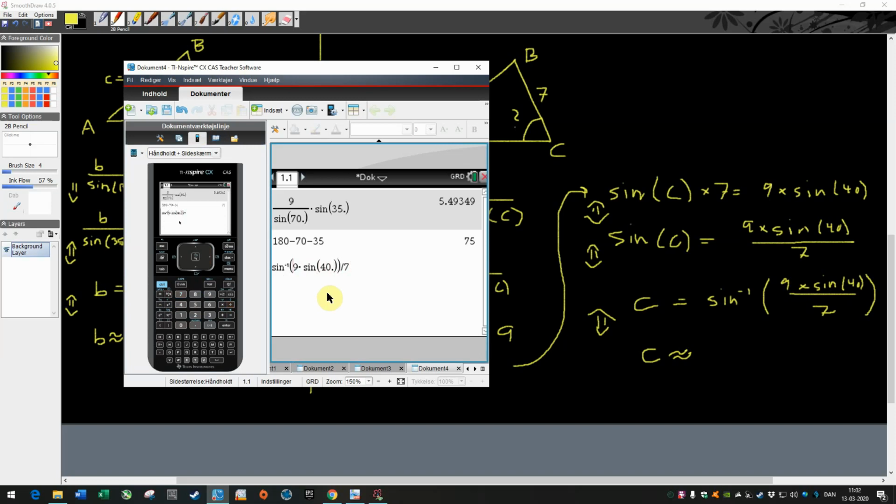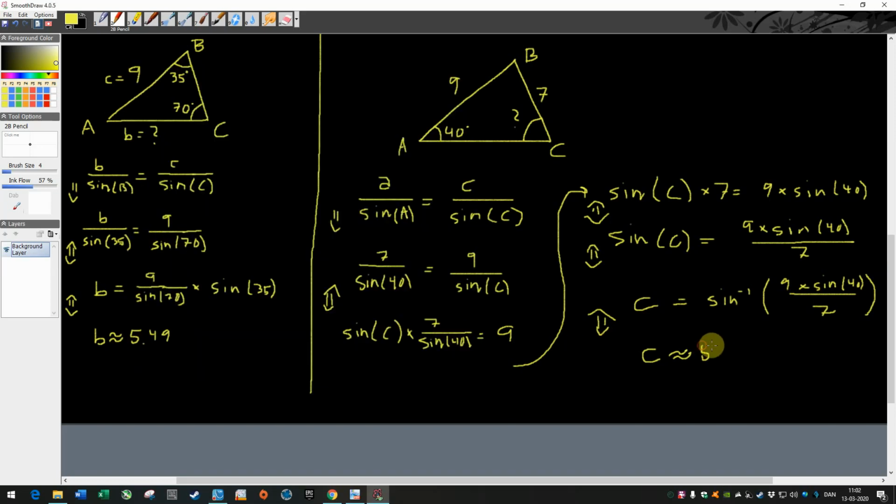You actually do not need it, but I just use it. So the angle is, and you should check that your calculator writes it like you have here, so it's okay. So it is 55.7 something, 0.7 degrees.